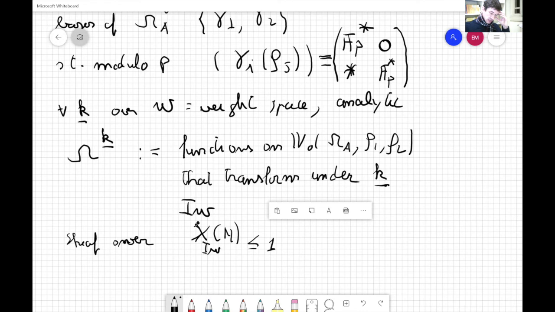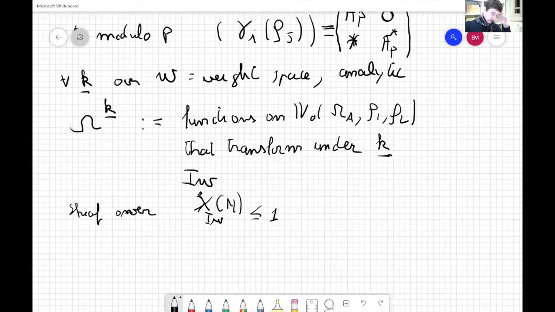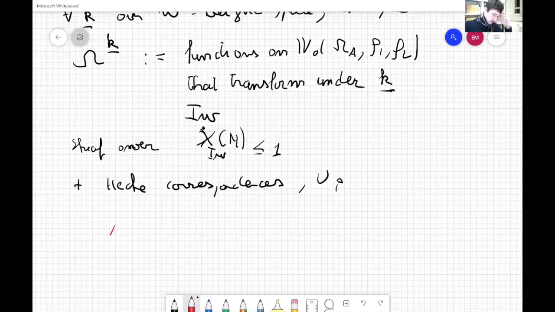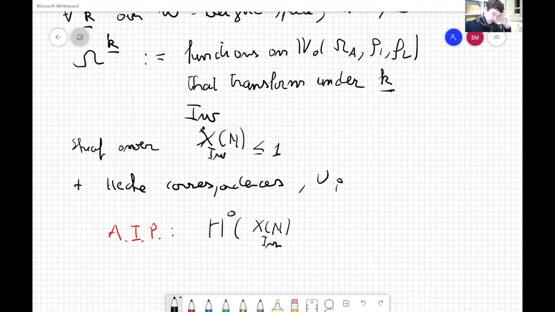And actually, we have Hecke correspondences, U_p, and what we did together with Adrian and then Sam was actually to consider H^0 of X_n, where you take smaller and smaller neighborhoods in order to get compactness of the action of the operator.